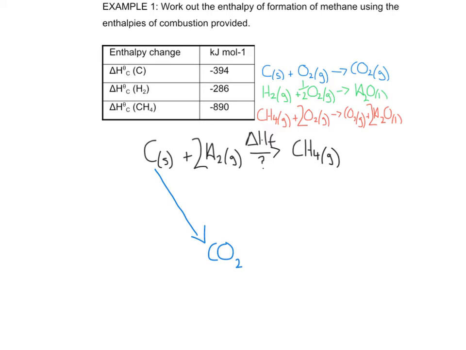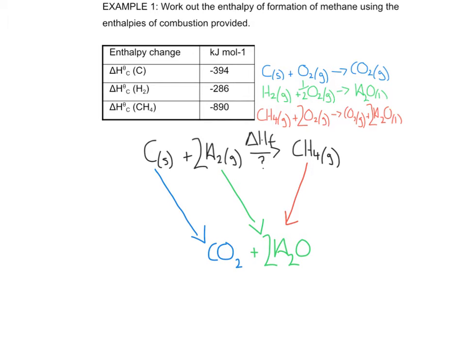I'm going to burn hydrogen as per the green equation to form water. Then I'm going to burn methane as per the red equation to form carbon dioxide and water. I'm just going to be careful because I would actually form 2 moles of water.